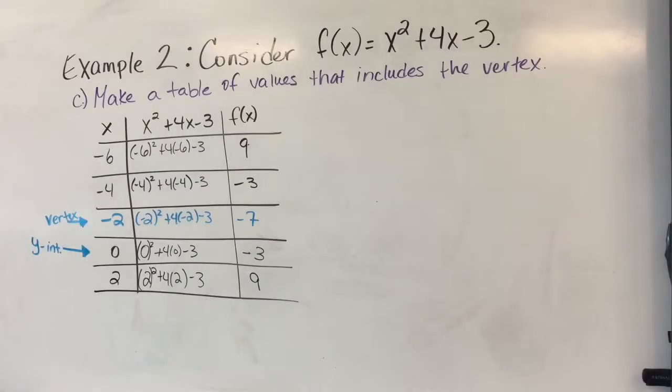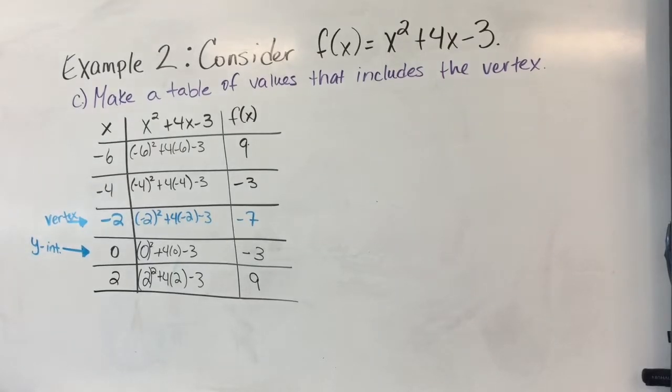All right, so you can see the table I have set up. I have my x values to the left that I chose: -6, -4, -2. That's my vertex that we calculated just a few seconds ago. And then you can see the next entry, which is x is 0. That's my y-intercept. And then another number of 2.